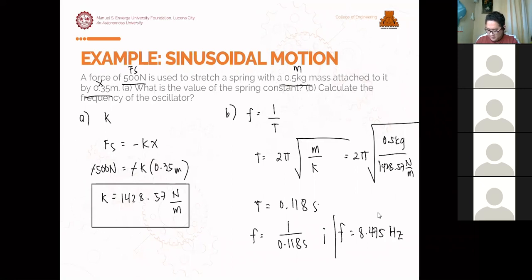Okay, don't forget yung unit, hertz. So, depende sa pagkaka-round off, pwedeng 8.51. No? So, depende kung 0.12 yung ginamit mo, you have 8.33. Okay? Okay tayo dito sa example na to. Okay, next.